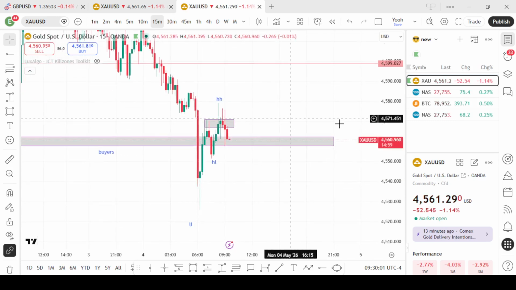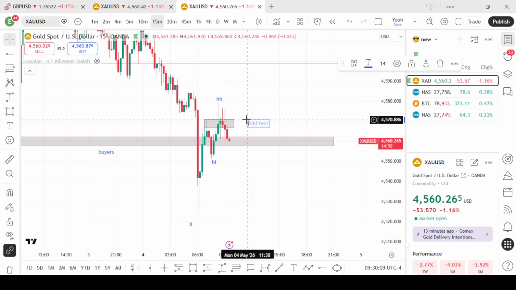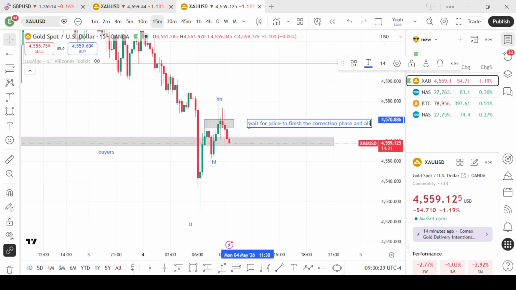You can just say wait for price to finish the correction phase and align with the 4-hour, with the higher time frames, on sales.